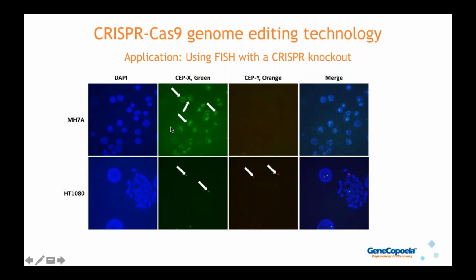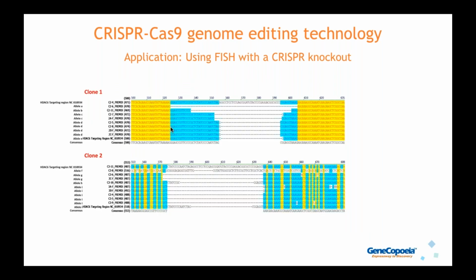So this suggested that this cell line, not only was it not diploid, but it looked like it had 5 copies of the target gene, or at least the target chromosome. And when we isolated clones, we found that indeed this cell line had 5 copies of the gene, because we were able to isolate a number of clones that had 5 different indel mutations in this gene compared with wild type.